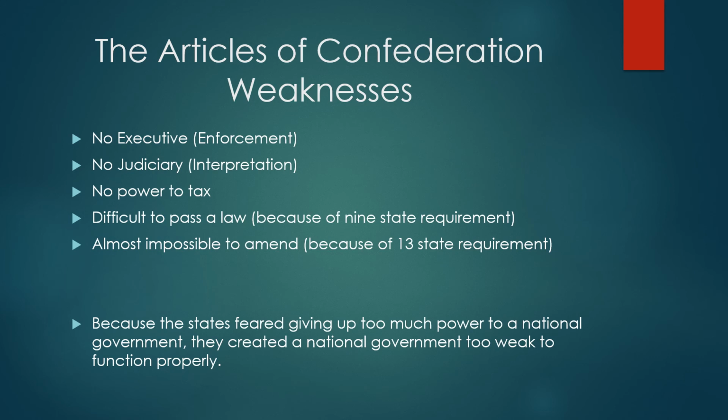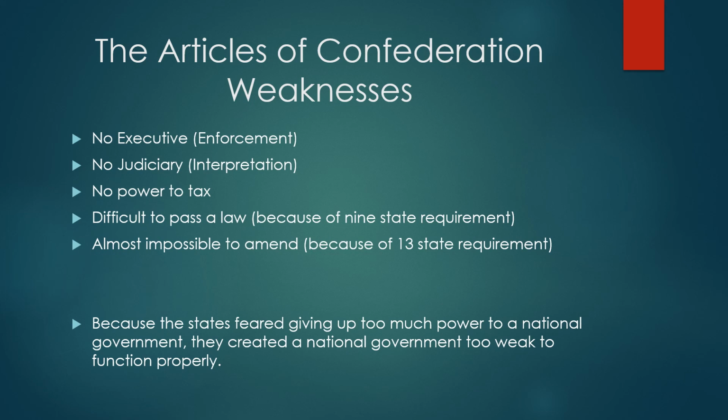Because the states feared giving up too much power to a national government, they created a national government that was too weak to function properly. That's the conclusion here. The structure of the government was flawed. It was designed to limit the power of the national government in such a way that the states would retain their power.